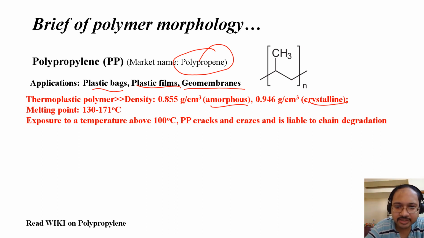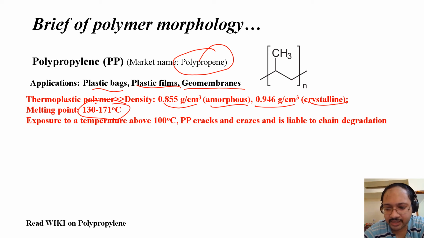In the amorphous stage, the density is a bit low, 0.855 gram per cc. In crystalline, it is 0.946 gram per cc with melting point 130 to 171 degrees Celsius. If exposed to a temperature above 100 degrees Celsius, polypropylene cracks and crazes and is liable to chain degradation.